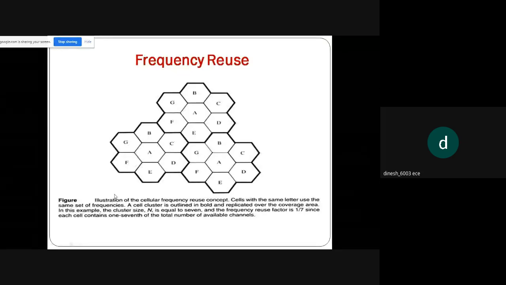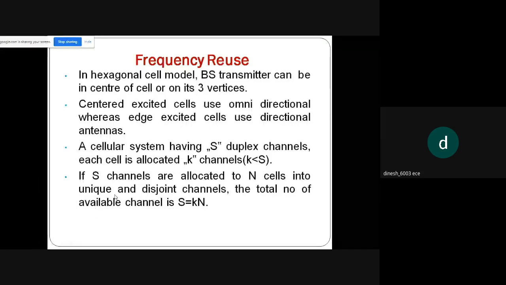Here the base stations will be placed in hexagonal model structures. This base station will cover approximately 20 kilometers in rural areas. For every 20 kilometers, one base station is to be deployed.